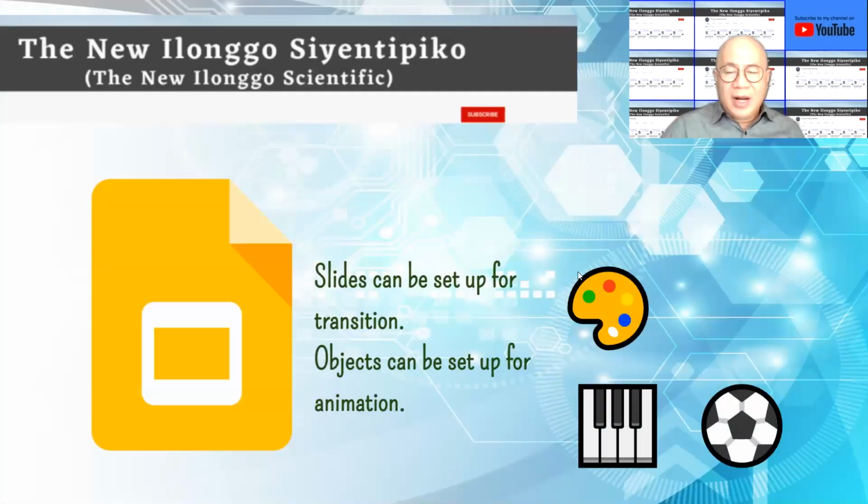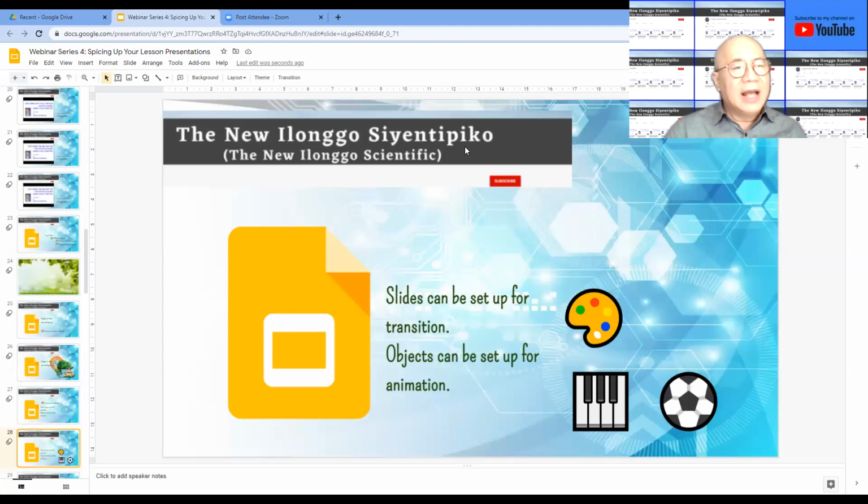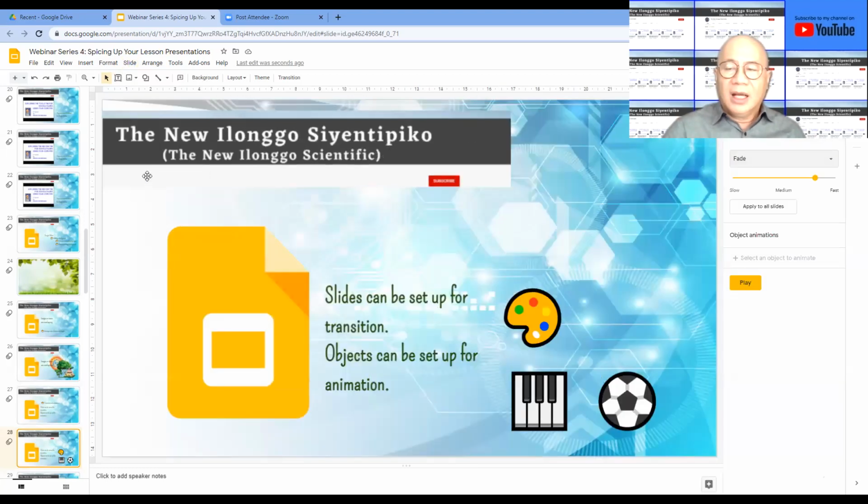When we practice setting up a transition of the slide or animation of objects, we can go to the Slides tab command and find the transition from there. As you can see in the transition of the slides, you can choose what kind of transition you want for your slide.